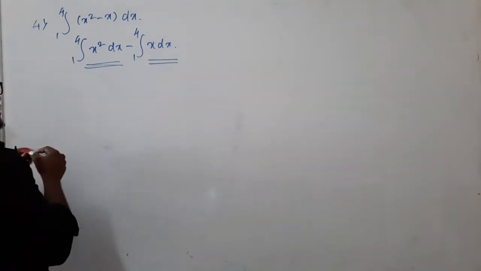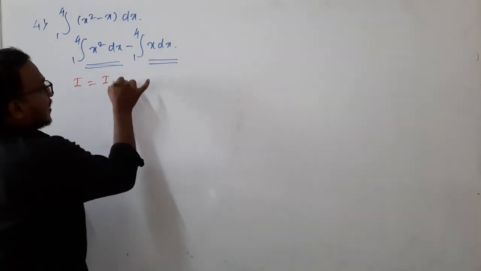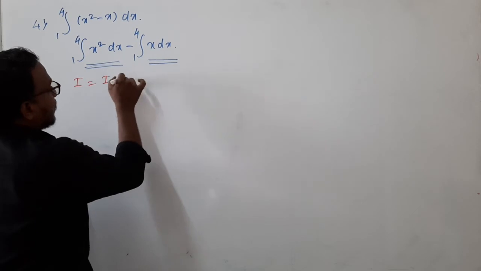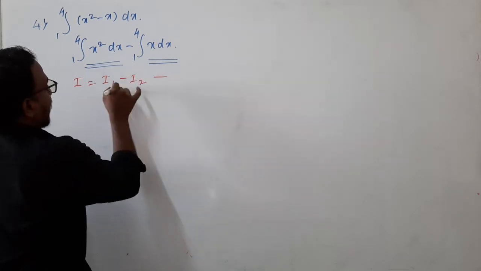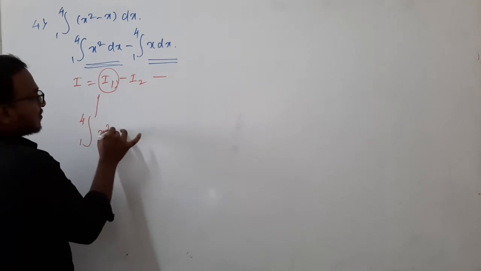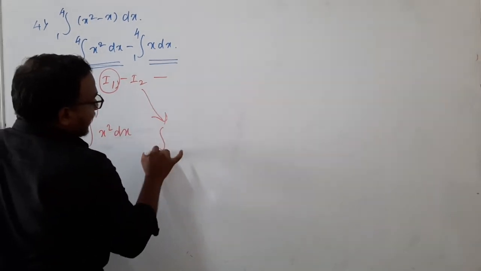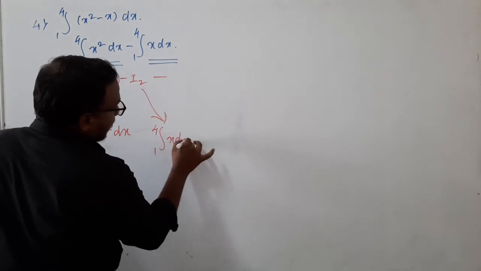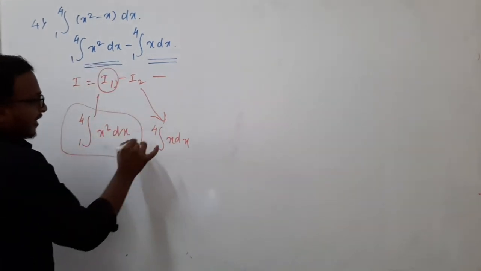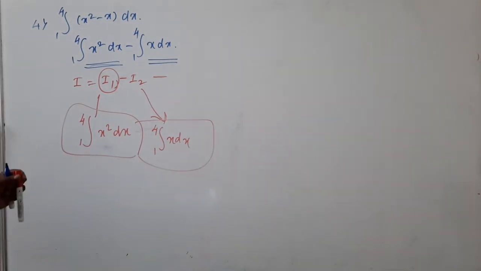First, I consider this as I equals I1 minus I2. So I1 means integration of 1 to 4 x square dx, and I2 means integration of 1 to 4 x dx. So consider these two functions separately and solve this question.